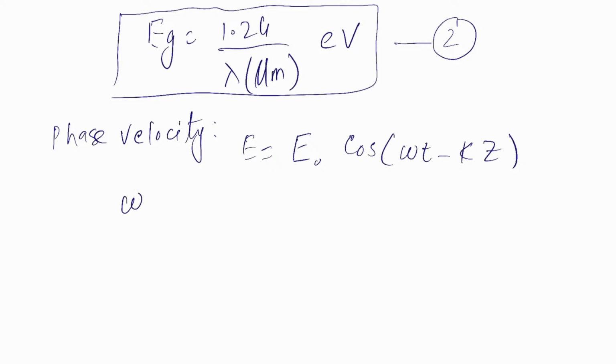Now we know that omega, angular frequency, is 2 pi nu. 2 pi f, we are saying 2 pi nu. And this nu is c over lambda.